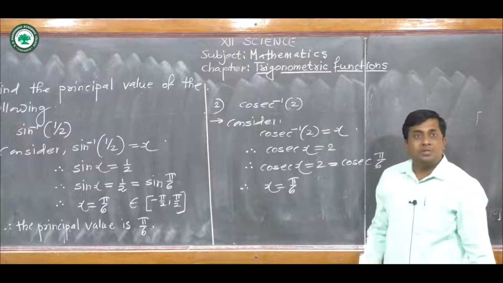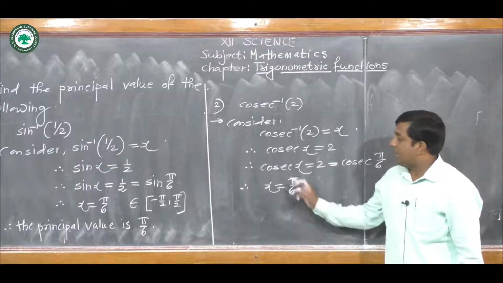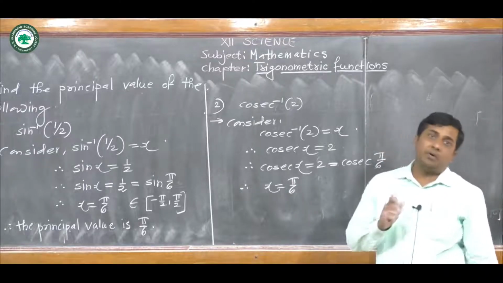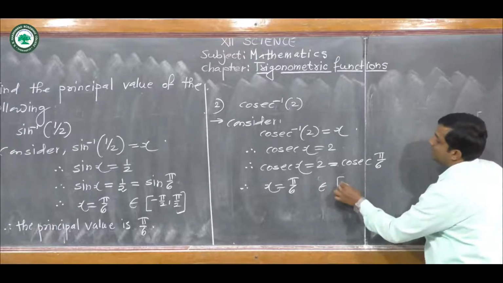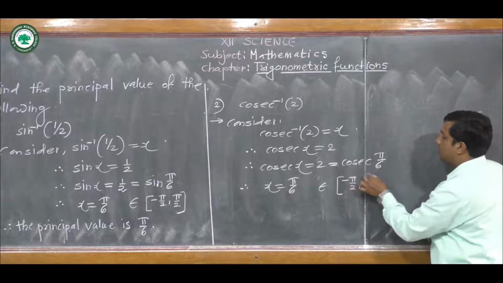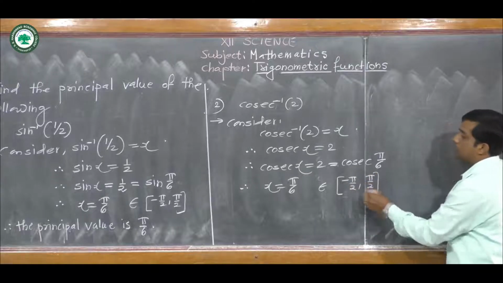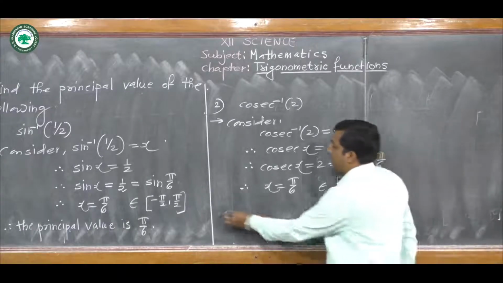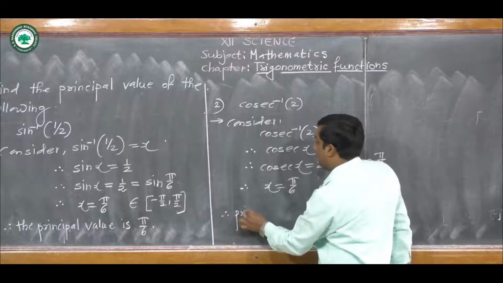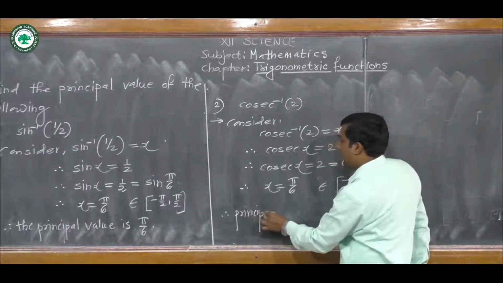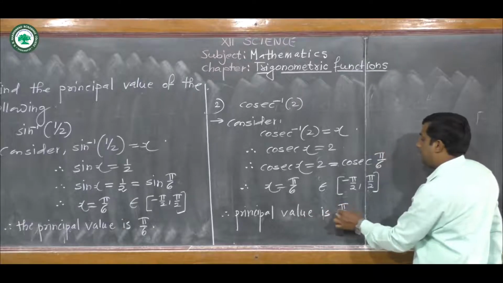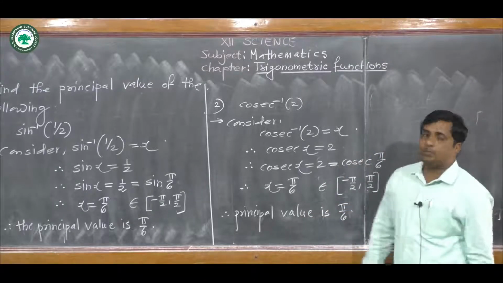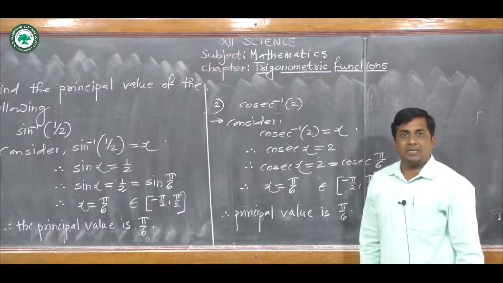This pi by 6 lies in our interval, so it belongs to the closed interval minus pi by 2 to pi by 2. Therefore, the principal value is pi by 6.